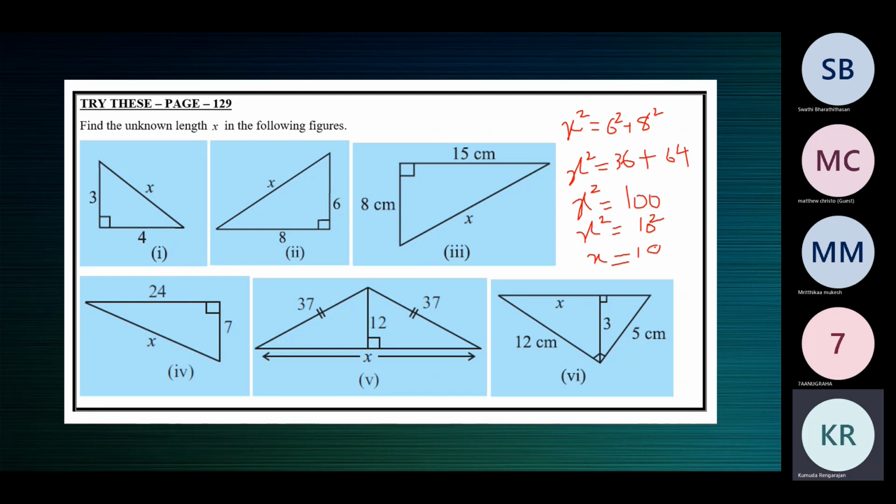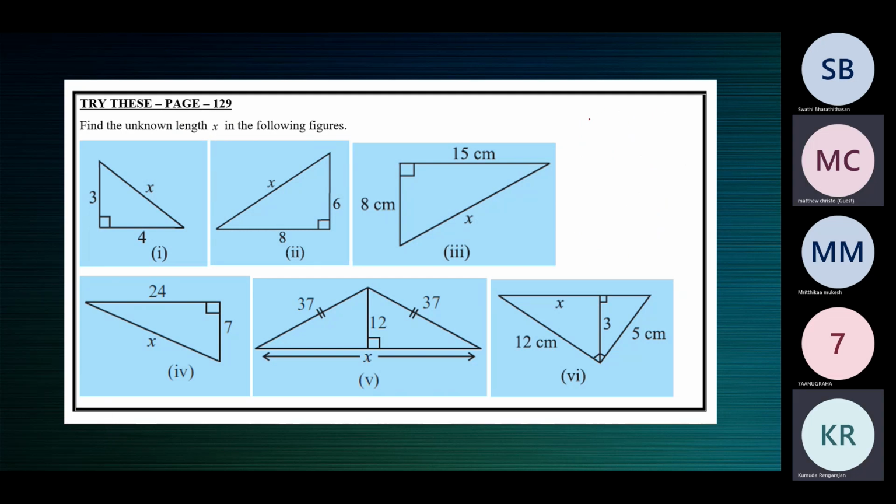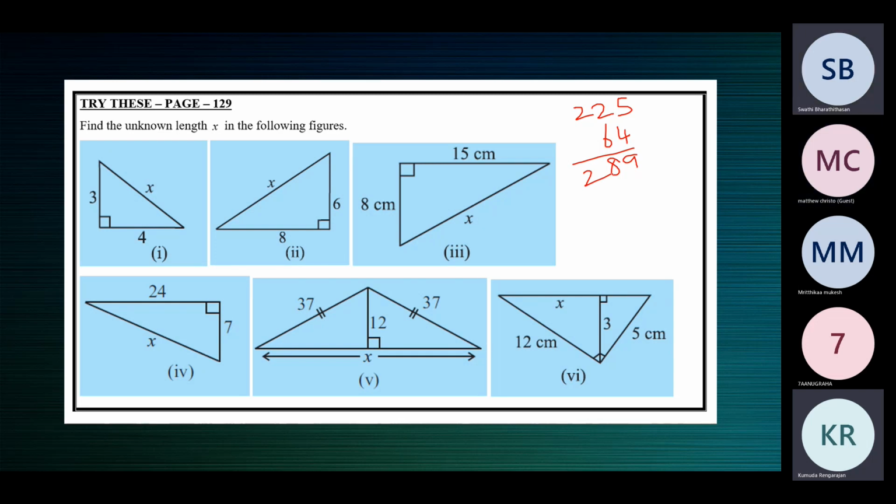Nobody's trying to unmute and say anything except Swati. Now 23? Yes, 225 and 64, 289, ma'am. No, it's not 23. Perfect square is 17 centimeter, ma'am.